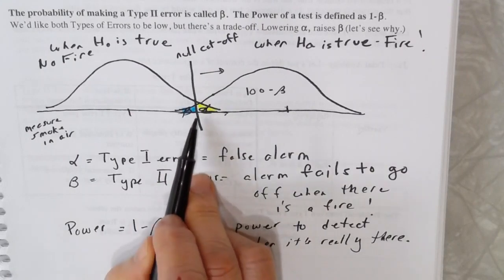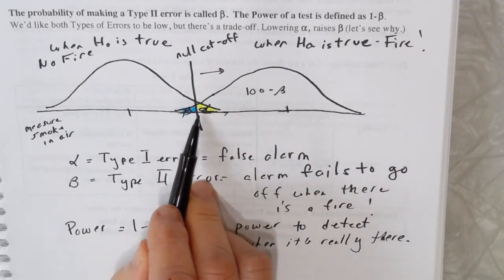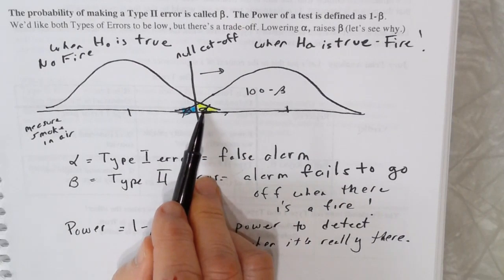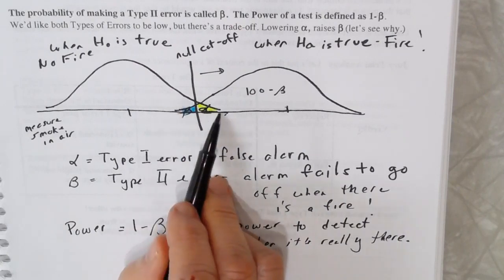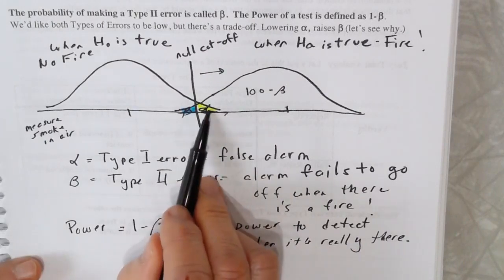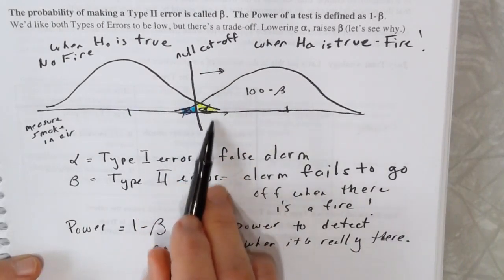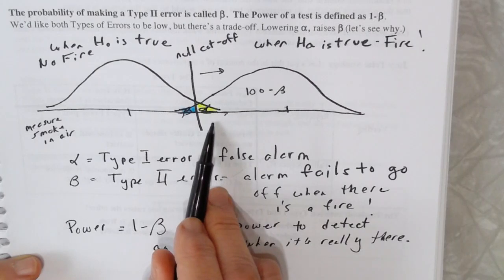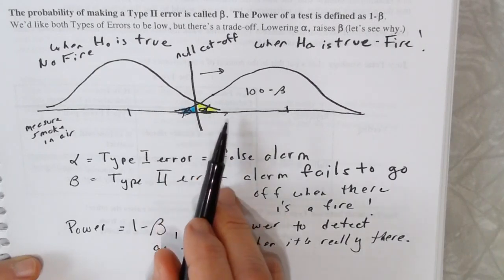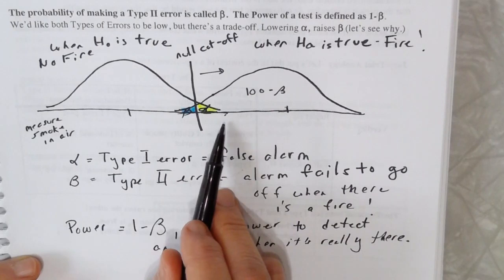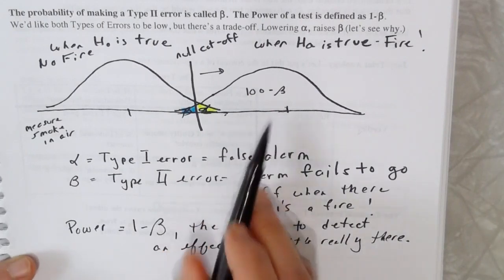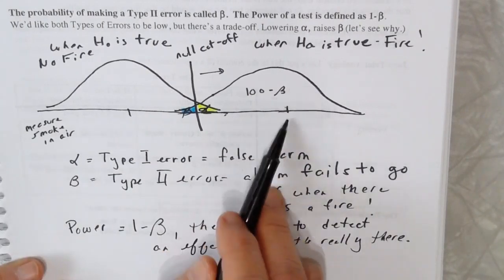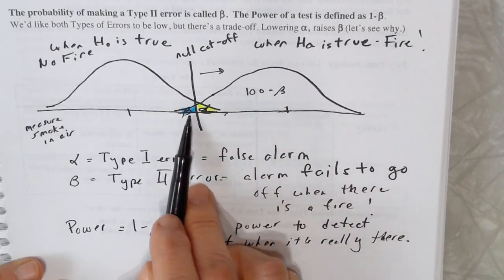But if we move it to make the type 1 error smaller so that the smoke detector doesn't go off and annoy us all the time, we move it over here, well that's going to make the type 2 error bigger, and we definitely don't want to do that. You could have a fire that doesn't have much smoke.